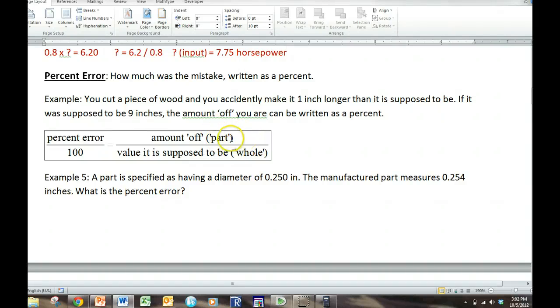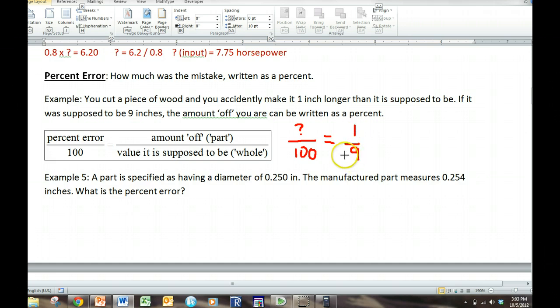And so what I do is I write a proportion like I show here, or I write the equation, but I'm going to show you the example with the proportion, and we'll do that calculation. I'm actually going to draw this one. So let's see, okay, so I don't know the percent error. That's what I'm looking for, and it's out of 100. My amount off is 1, and it's supposed to be 9.